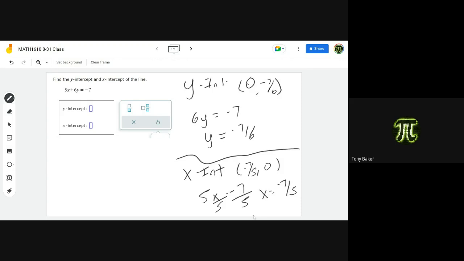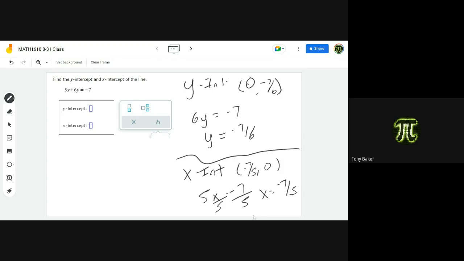I'll just do it right over here. Line 2 is easy because it's already done for me. That's negative 2/3. Line 3, I just have to do what? I just have to divide by 3. So that one also comes out to be negative 2/3.